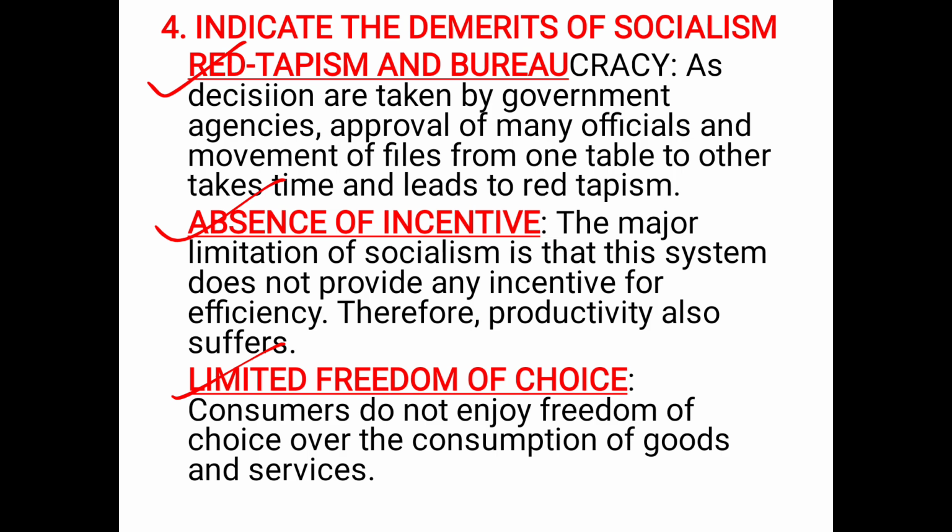Any official movement has to take place only through the government. So it takes a very long time. Red tapeism, like corruption, may occur, because if the files have to move from one table to another, it may take time. Decision making will prolong. So all this will be delayed.